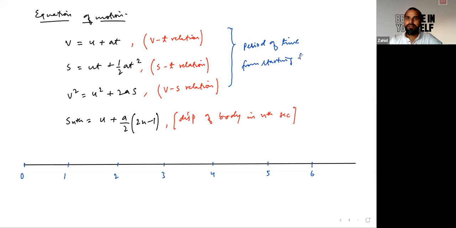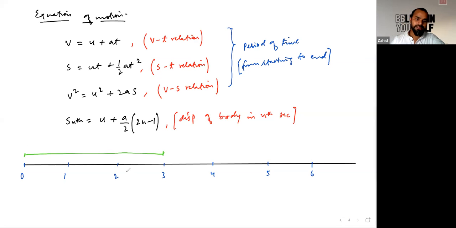If I want to calculate displacement at 3 seconds, it will give you the displacement from the starting point, 0, to that particular point. So we are dealing with the period from the start to the terminal point at which the journey was completed.